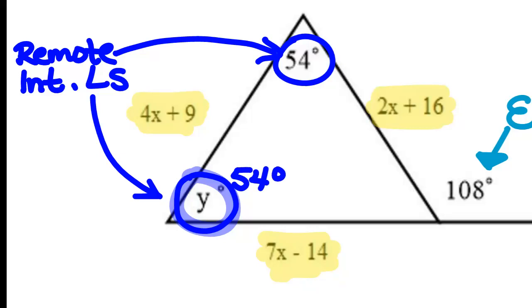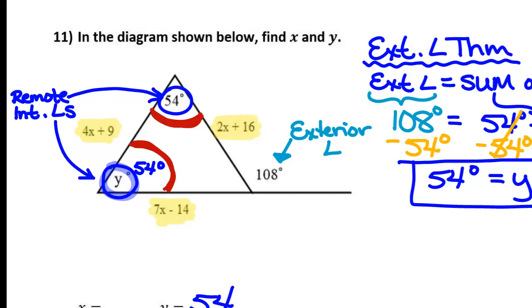Because tell me about these 2 angles now. They are the same. Let's mark them with a congruence marking. This one is the same as this one. If I have 2 angles that are the same, what type of triangle are we looking at? Isosceles.